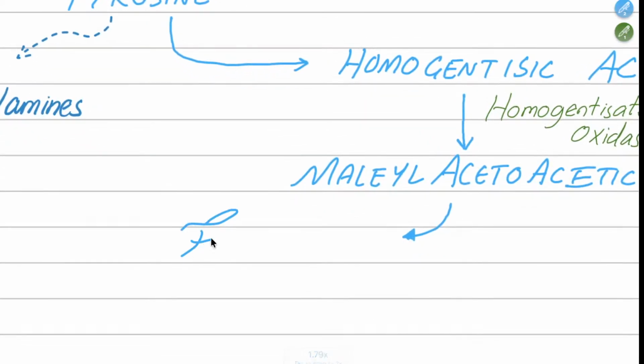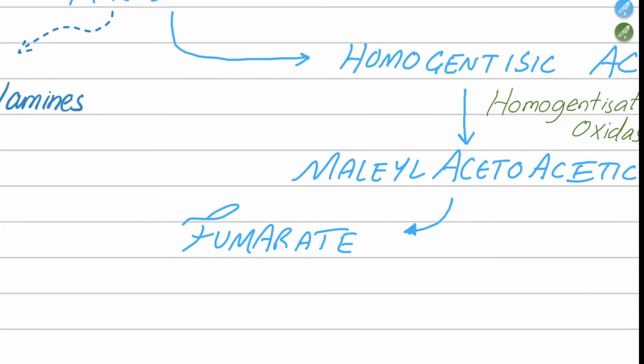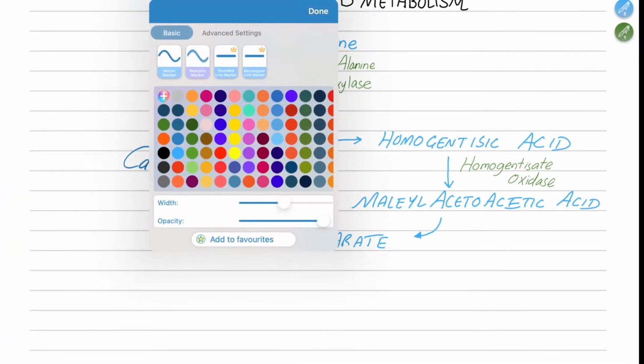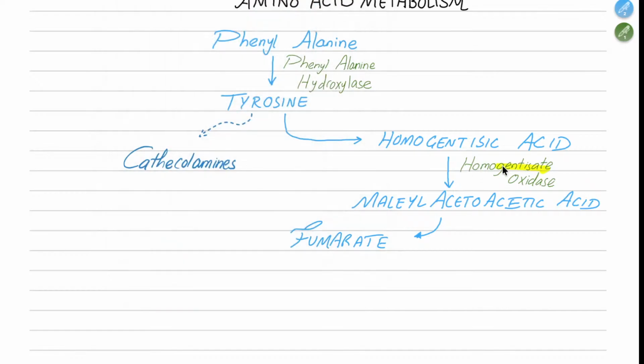Good enough, I guess. I think that's a pretty good thing to remember. So homogentisate oxidase, I'm going to highlight that in yellow. Homogentisate oxidase is where problems occur.